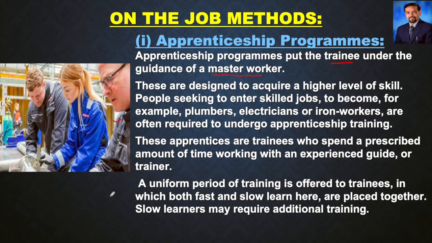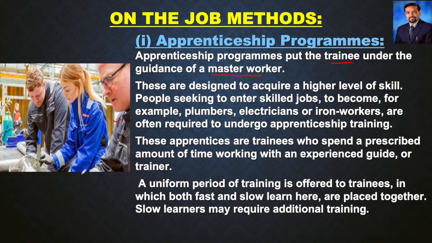A uniform period of training is offered to trainees, and slow learners may be given some additional training. Like here, both would be given the same training time, but if he or she is a slow learner, then additional help can be given. The trainees spend a prescribed amount of time working with an experienced guide or trainer, and they are paid only nominal remuneration.